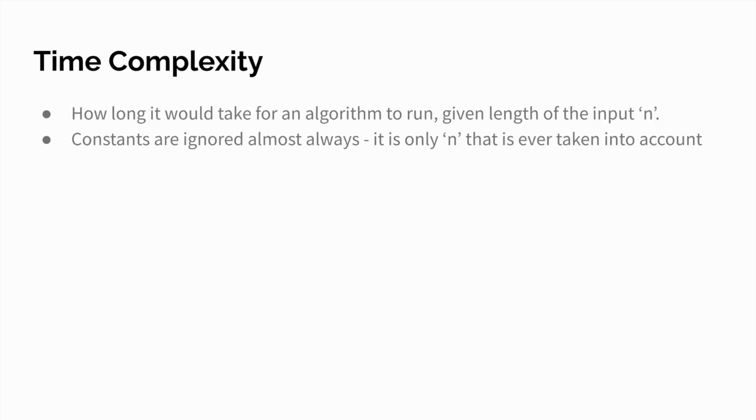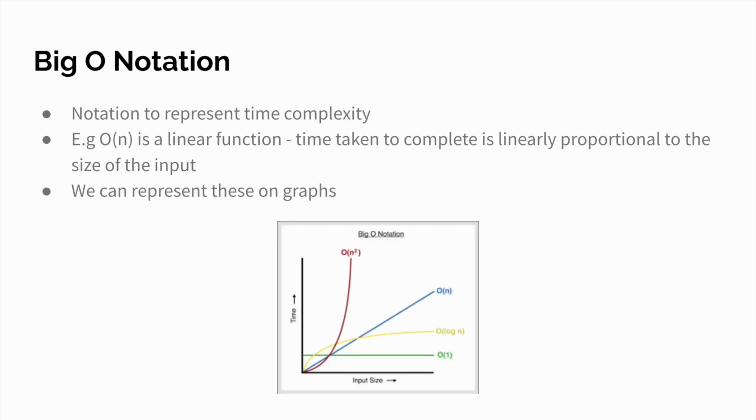Well, that's where time complexity comes in. This is how long it would take for an algorithm to run given the length of the input n. The constants of these little equations are almost always ignored. It's only ever n, the input length, that's taken into account.